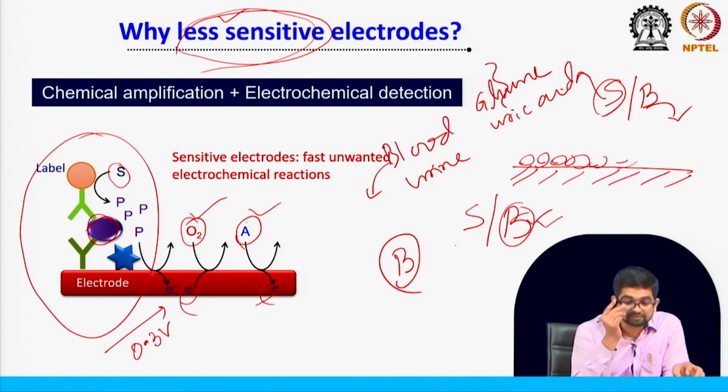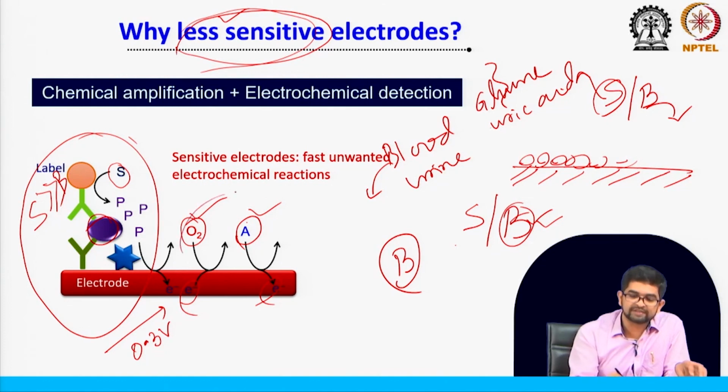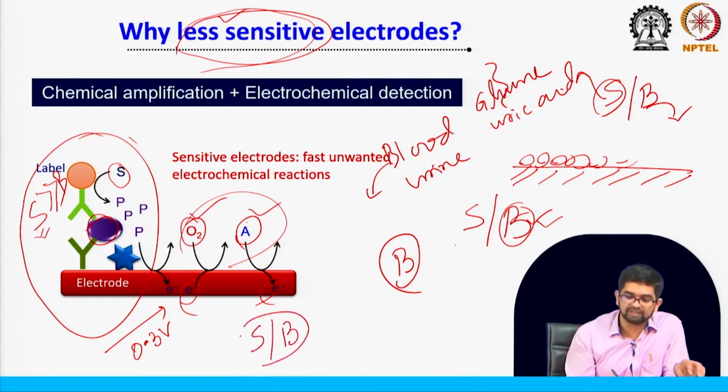These reactions we can measure, and this is the signal, and this S should be very high compared to the background. So if we use electrodes less sensitive towards the interfering species, but your signal is not hampered and stays high, we can get a very high signal to background and achieve ultrasensitivity.